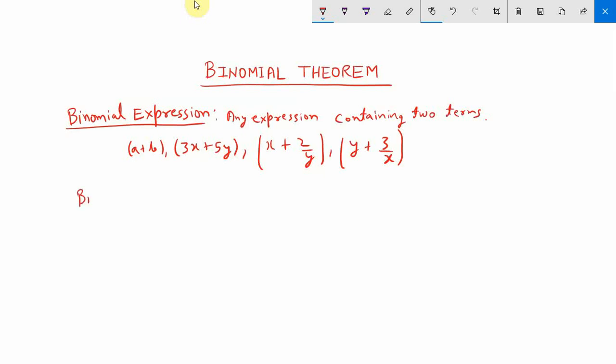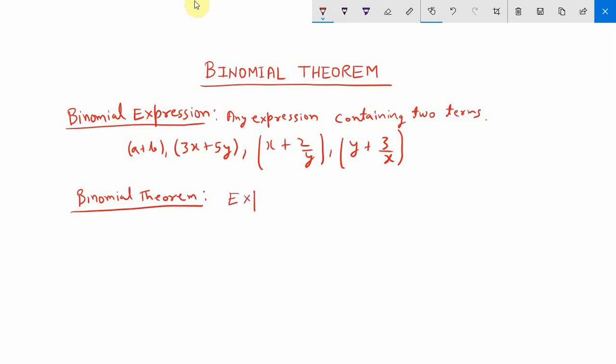It is binomial theorem. Okay. So what is a binomial theorem? The general form of a binomial expression is normally x plus a. Okay. And the expansion of x plus a to the power n.